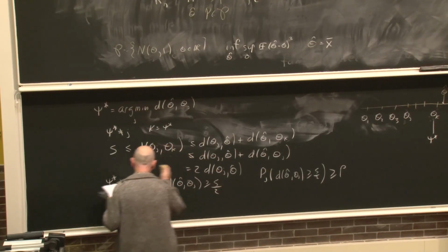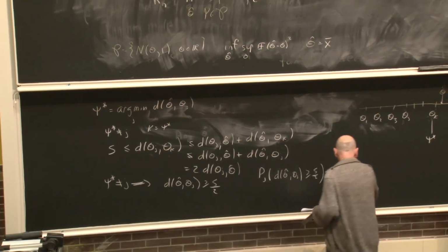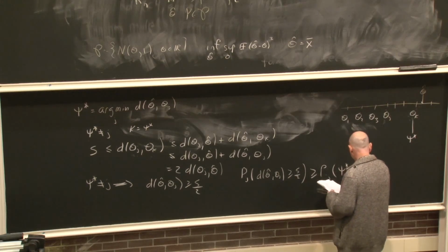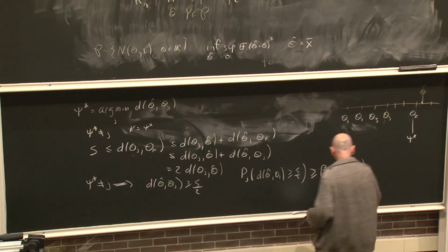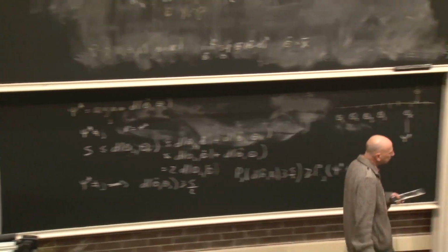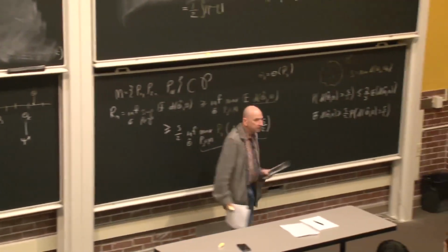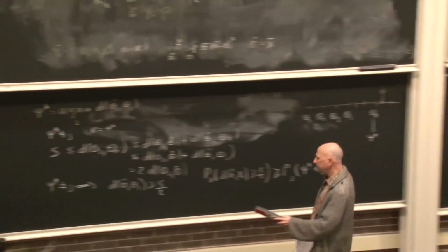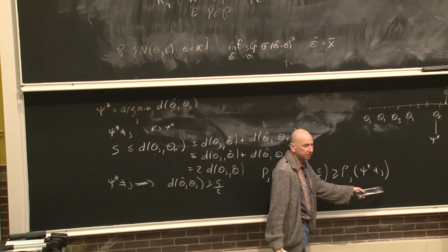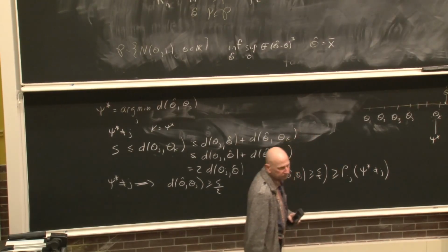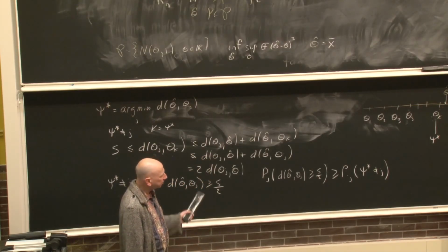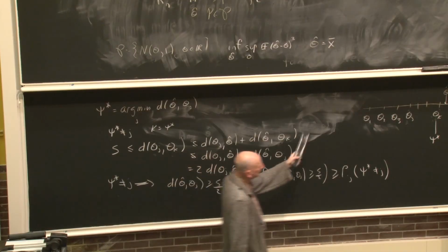So the probability of this is bigger than or equal to the probability that phi star is not equal to j. So this is a long-winded way of saying this probability is at least as big as the probability that this projected estimator onto the finite set is wrong. Okay, the probability you're far from theta j is bigger than or equal to the probability that it picks the wrong one out.